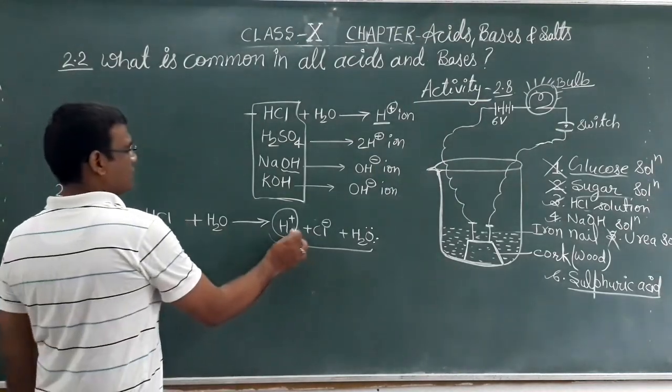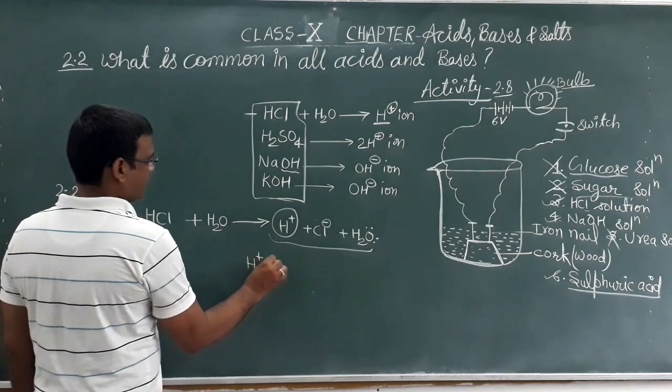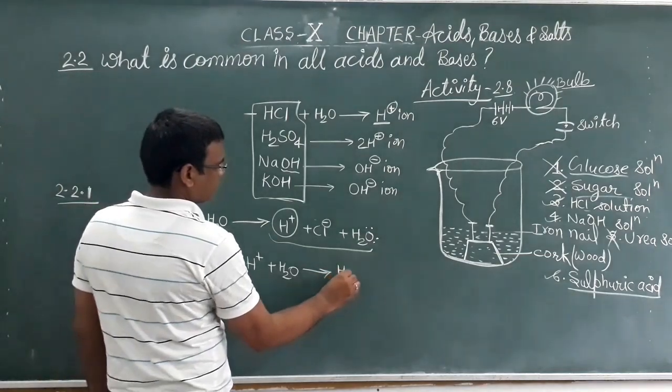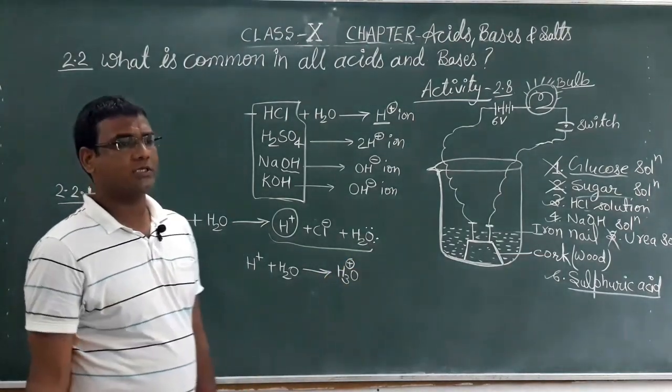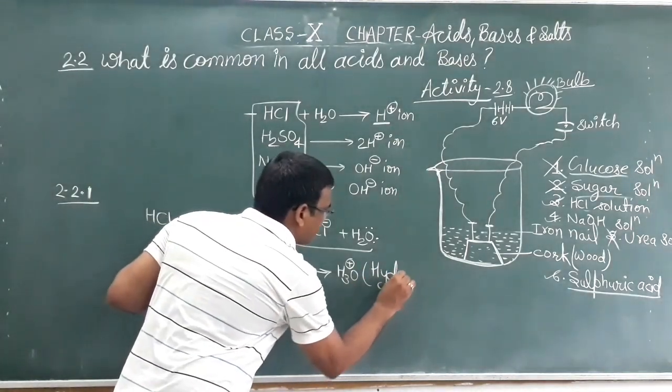So when H plus and H2O are connected, they form another ion, written as H3O plus, and it is called the hydronium ion.